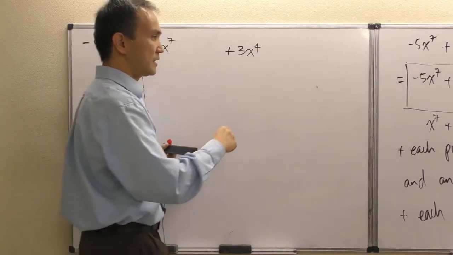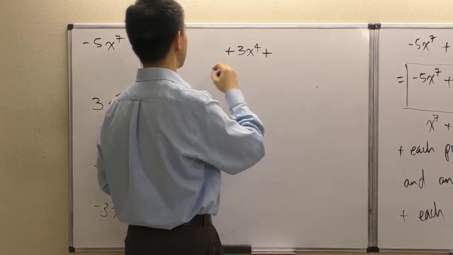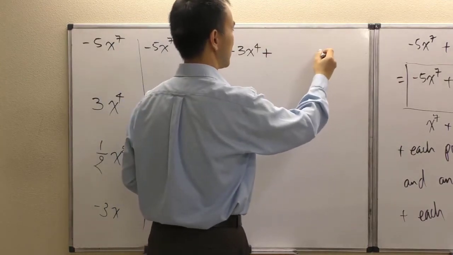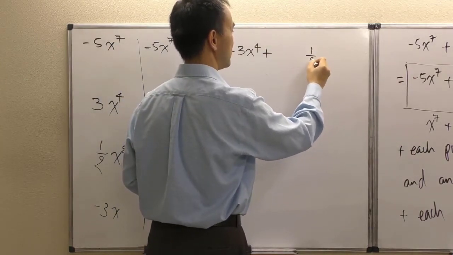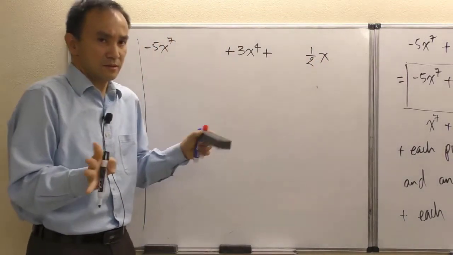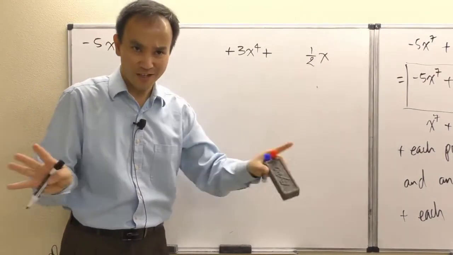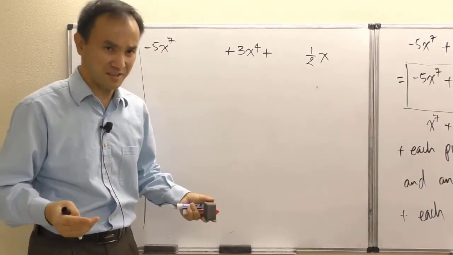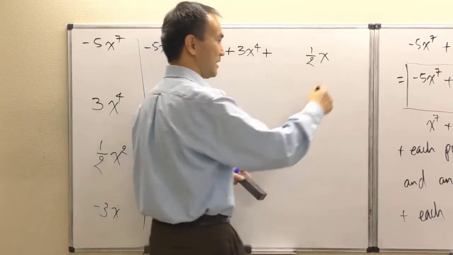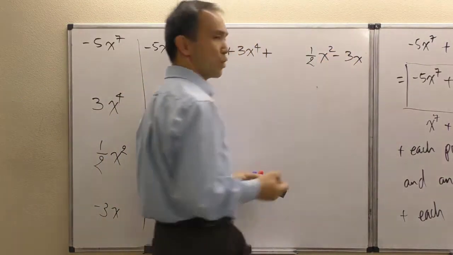And then add 1/2 x squared, and you notice I purposely left some gigantic space. It's not that I'm wasting board space; there's a reason I'm doing that. Minus 3x, and by the way, that was an x squared.